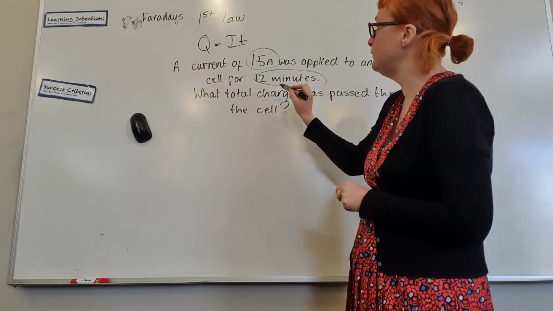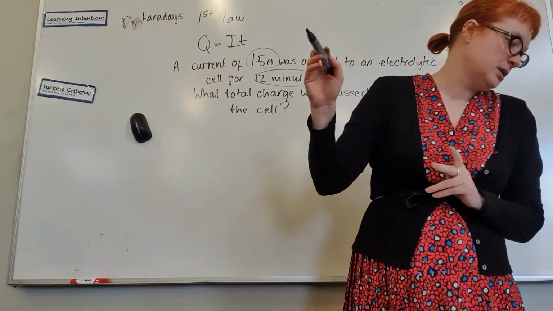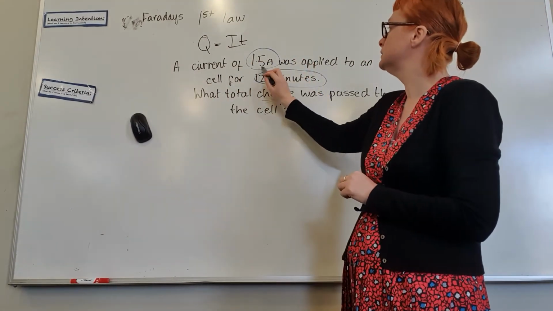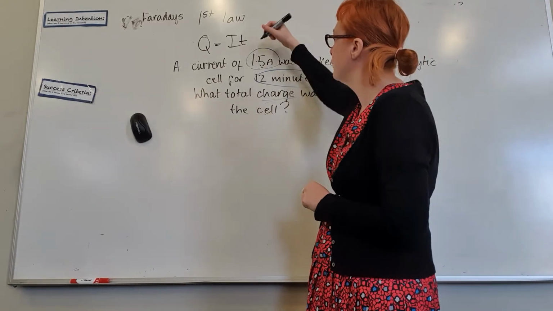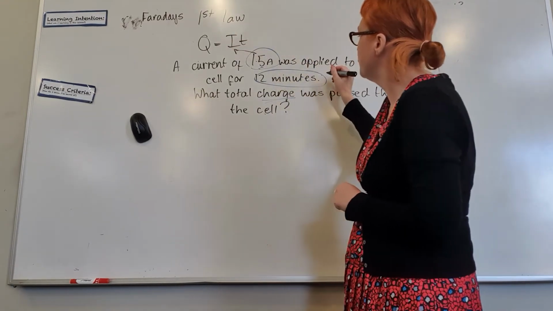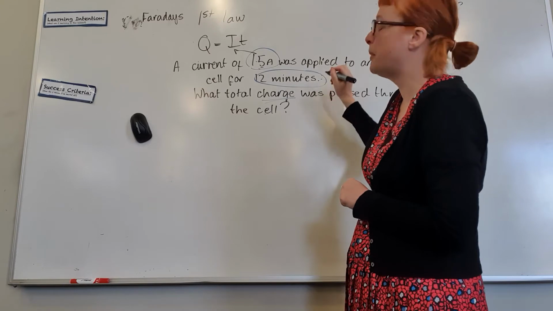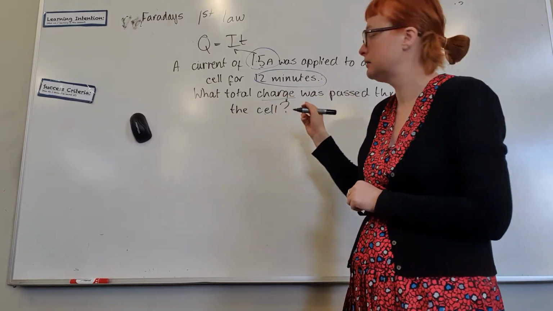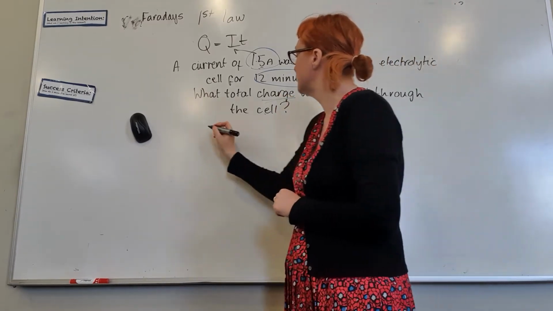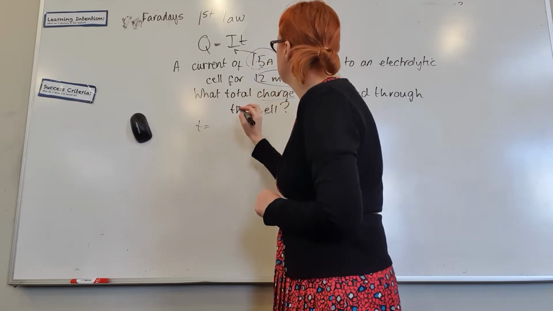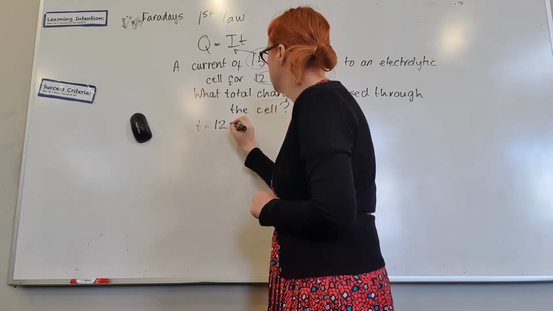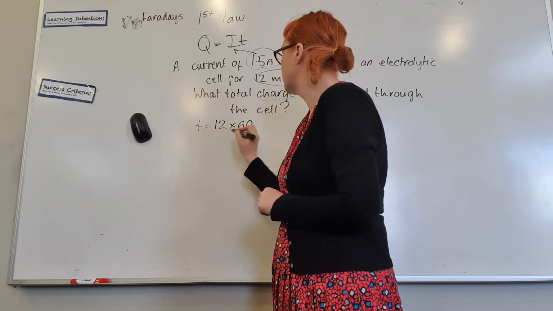So we are given this information. We've got our I, which is this one. We also have our time, but we need time in seconds. So all we have to do is convert it. Oh, I don't have a calculator.